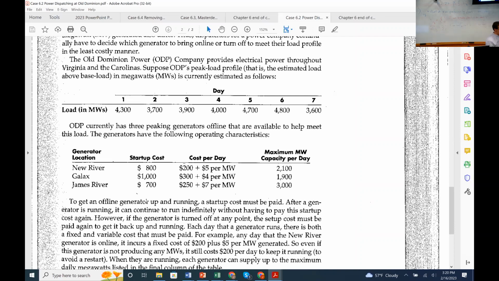But the real size problems are going to be, there are 30 different peaking plants out there, and we are having forecasts not for 7 days, but every 15-minute chunk over 24 hours over 7 days. At that point, it's just too much to wing it. And so we can do that operational optimization with the sort of tools that we're covering in this class.